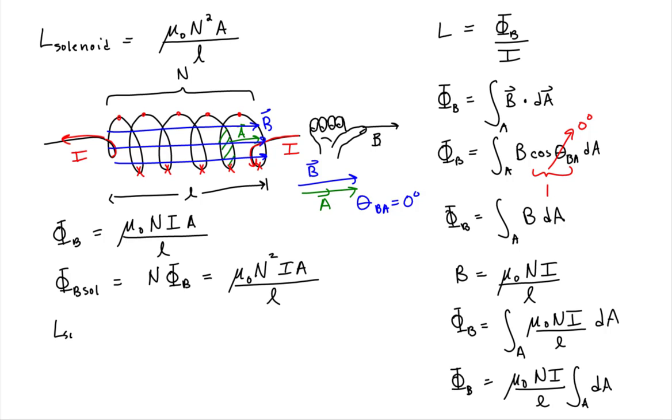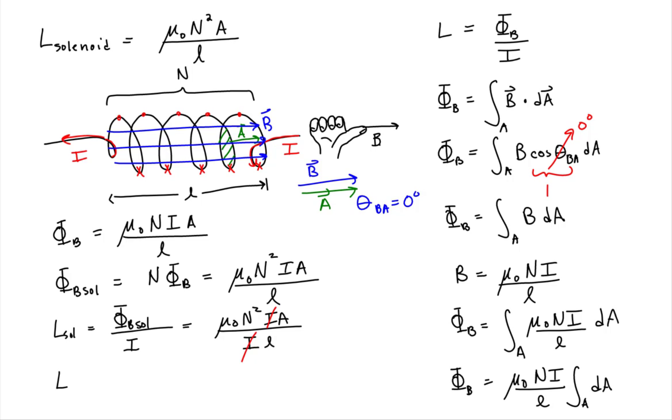So now, to determine the inductance of our solenoid, we just have to take the magnetic flux of our solenoid and divide by the current running through the solenoid. And when we do that, that is just simply mu naught n squared I A over I L. And notice a current in the numerator cancels with a current in the denominator.